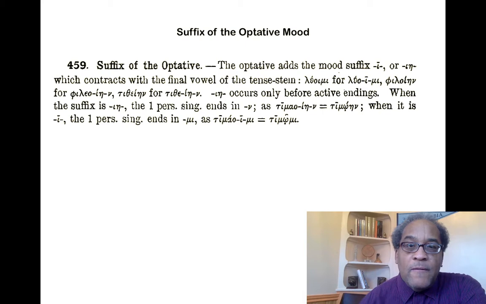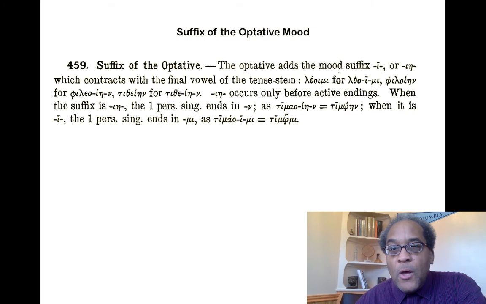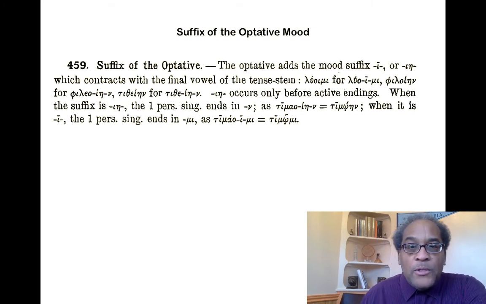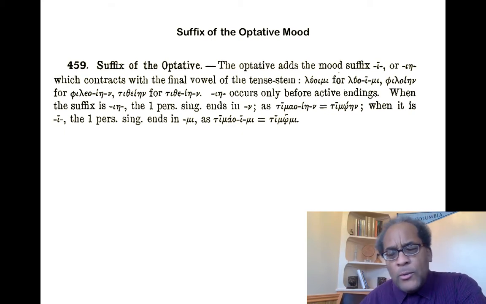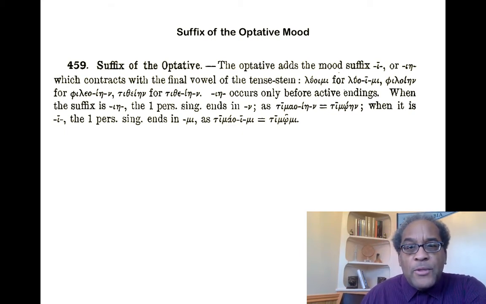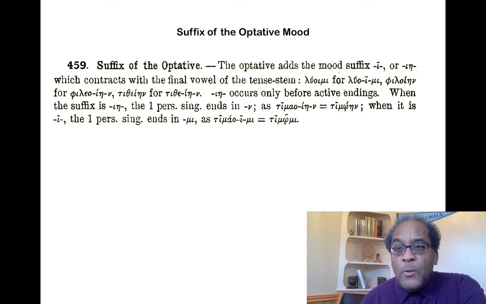So here, reading 459, the optative adds the mood suffix, long iota, or iota alpha, iota eta, which contracts with the final vowel of the tense stem. So you have luoimi from luoimi, philoiēn from phileoiēn, and tithieiēn from tithe-iēn.